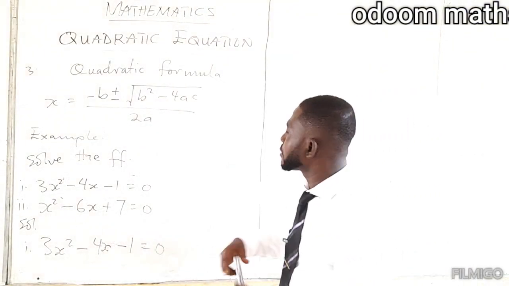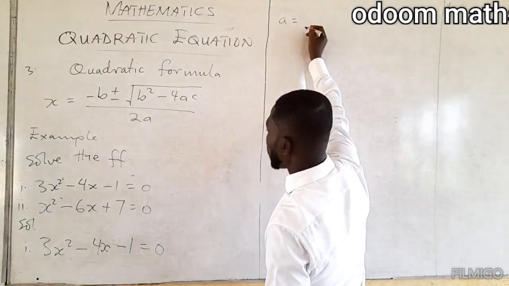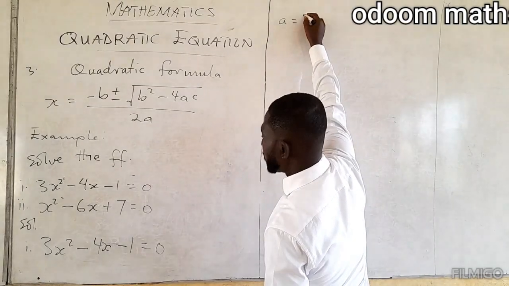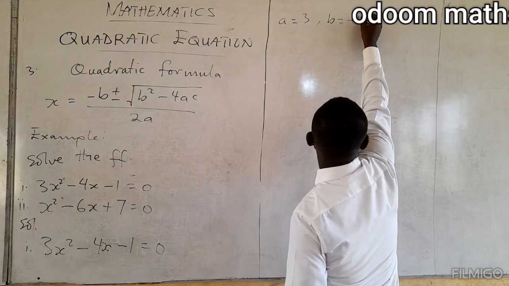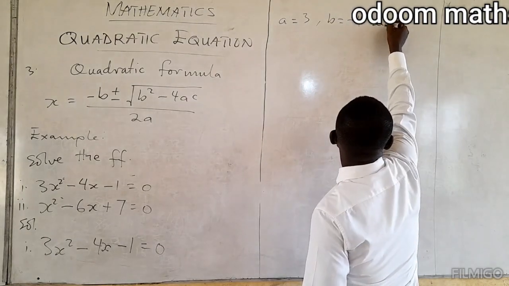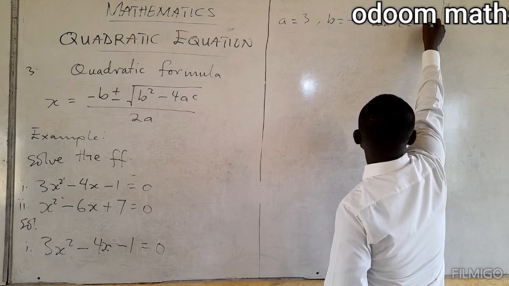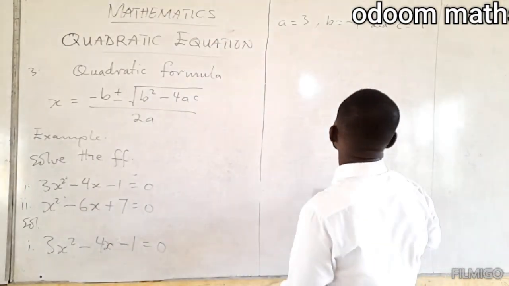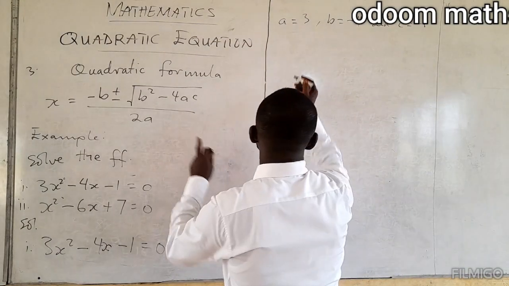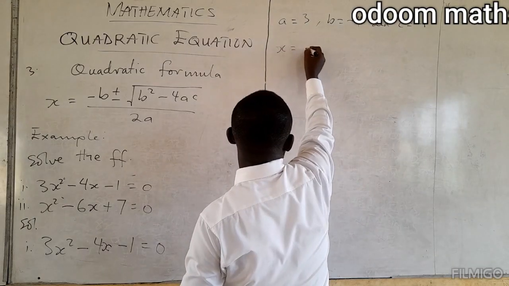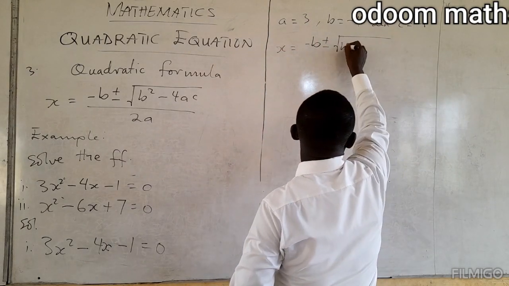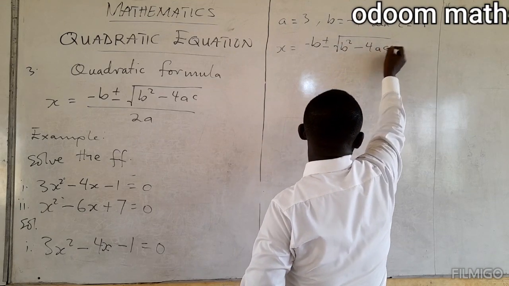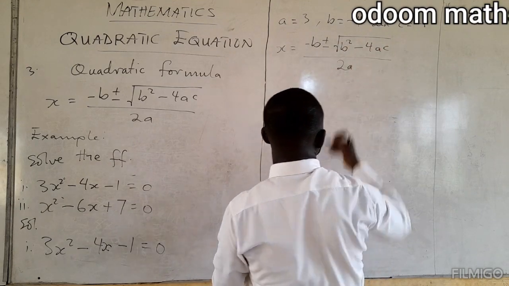So for this, our a is equal to 3, our b is equal to negative 4, and our c is equal to negative 1. So I'm going to substitute this into the formula x equals minus b plus or minus square root of b squared minus 4ac all over 2a.